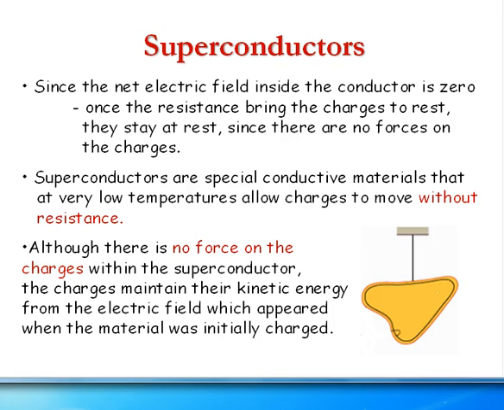Superconductors are a material that scientists are working on. When we get things very cold, their conductive properties increase, so their resistive properties decrease, and ideally if you have 0 resistance, then once you get a charge in motion, it can continue to move.